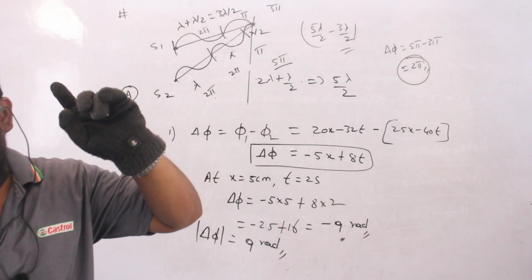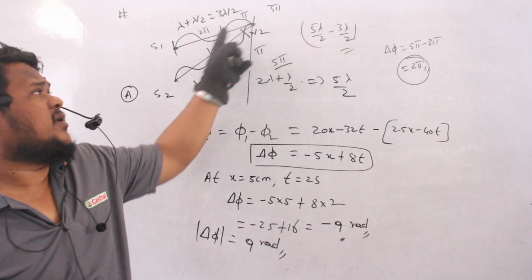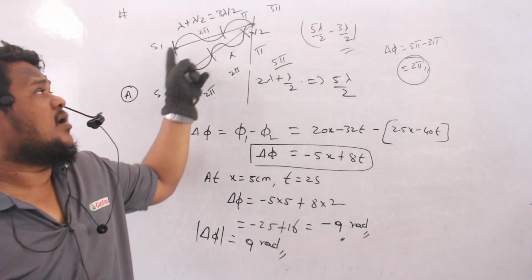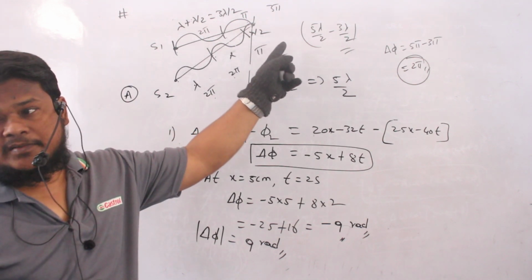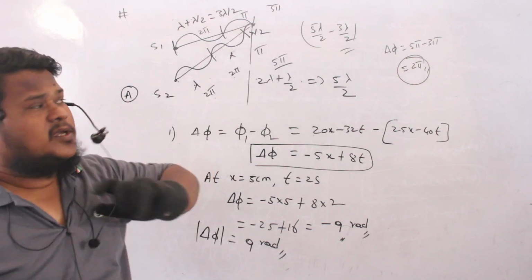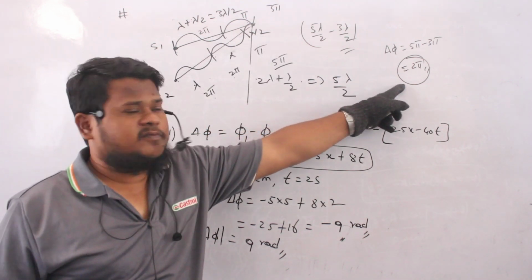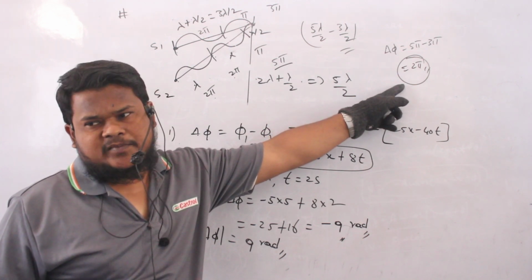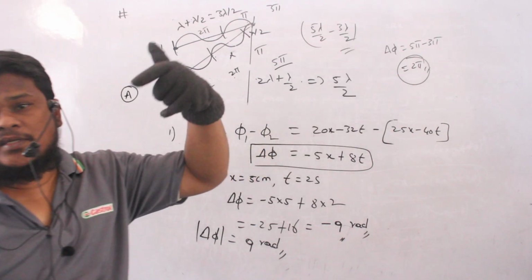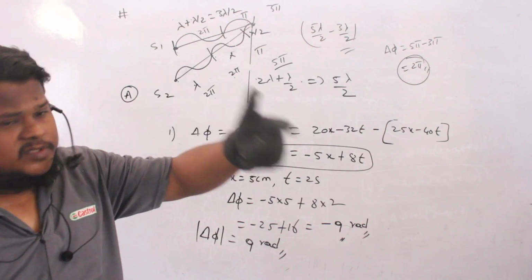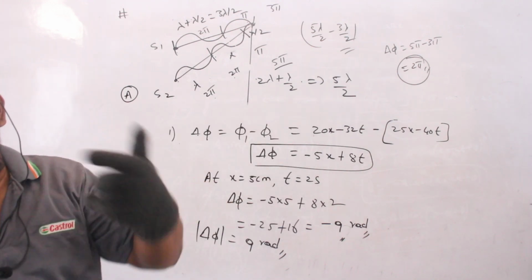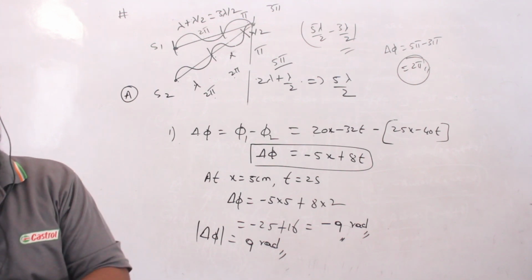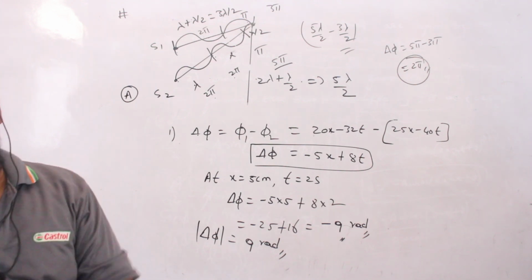The phase of the first wave is 2 pi plus pi, which is 3 pi, and the phase of the second wave is 5 pi. So there is a phase difference of 2 pi. For a phase difference of 2 pi, 4 pi, 6 pi, 8 pi, the two waves will definitely interfere constructively.